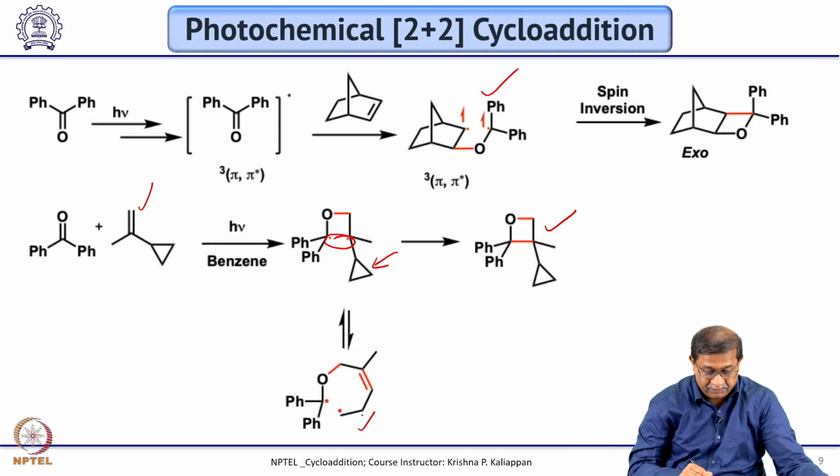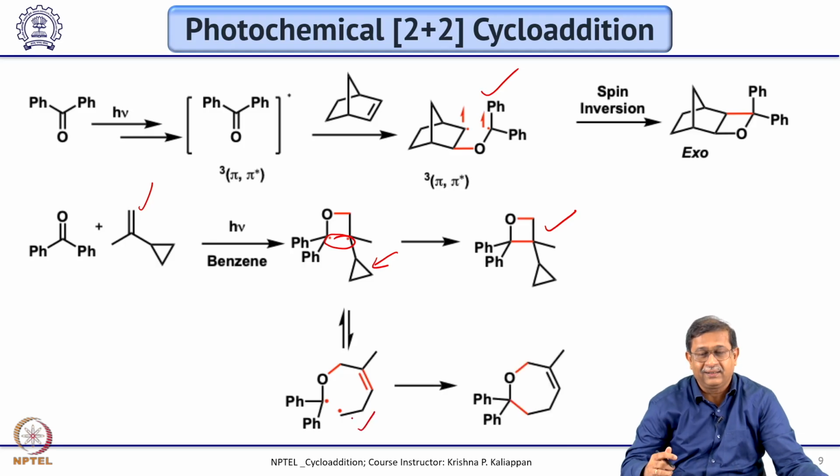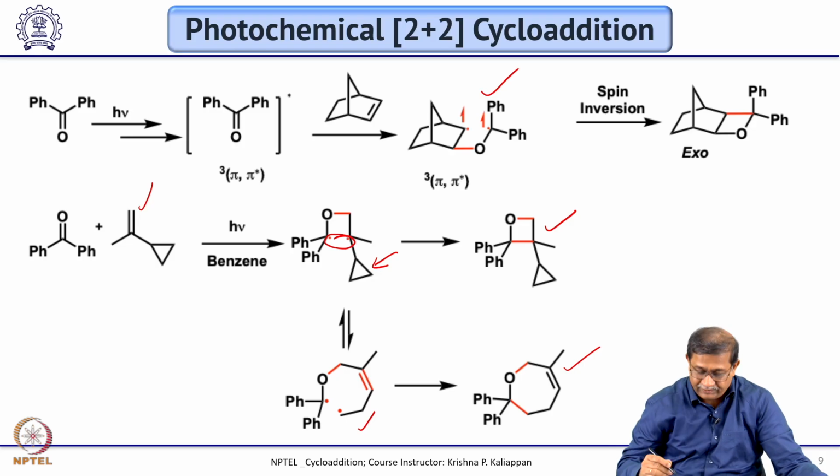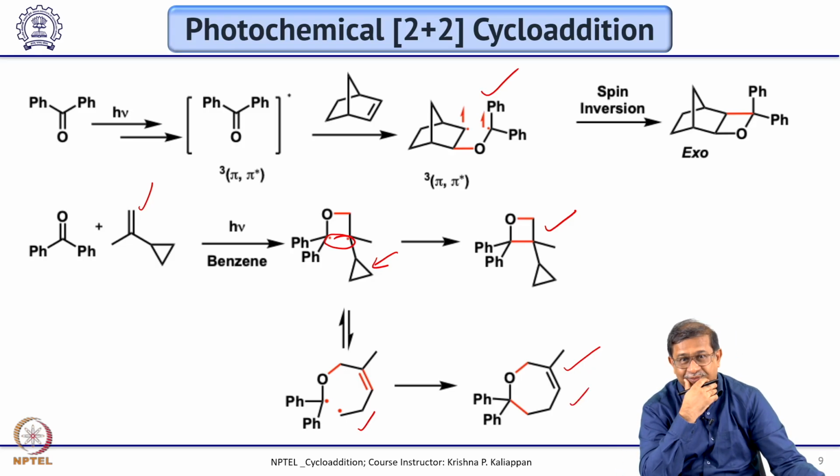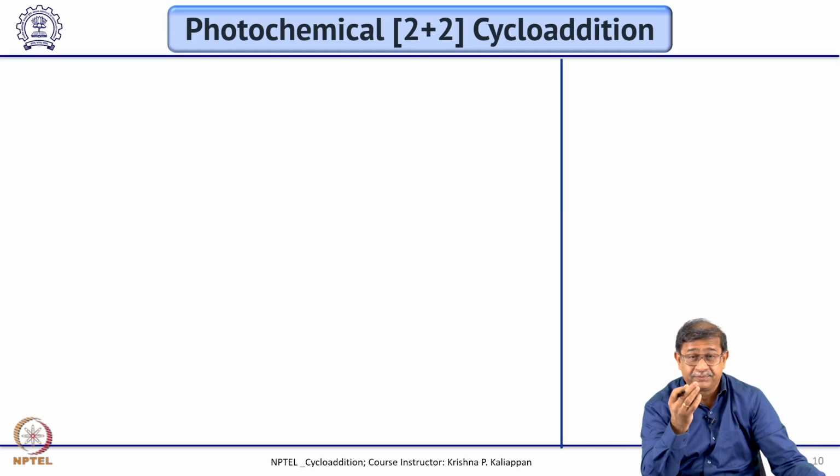If this biradical is formed, that can combine to give this 7-membered ring. Formation of both confirms that benzophenone acts as a 2-pi component rather than a sensitizer. And it also confirms the formation of a diradical intermediate.